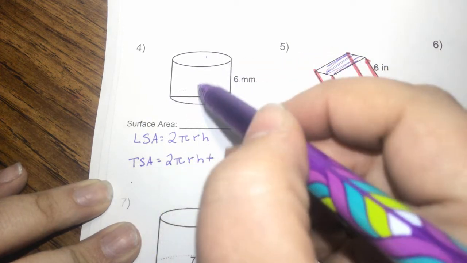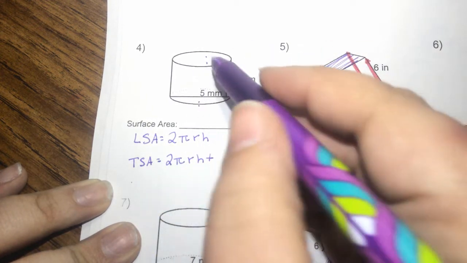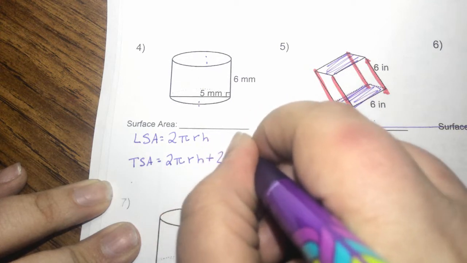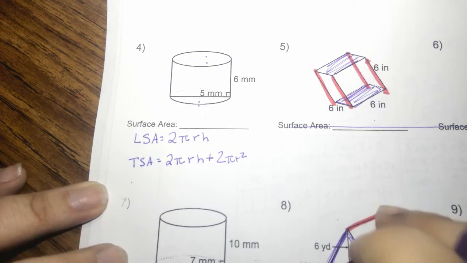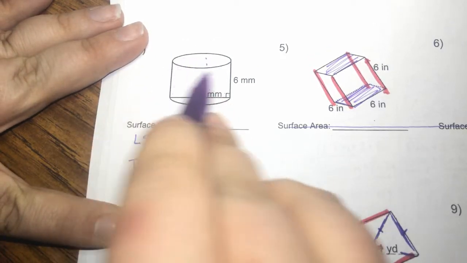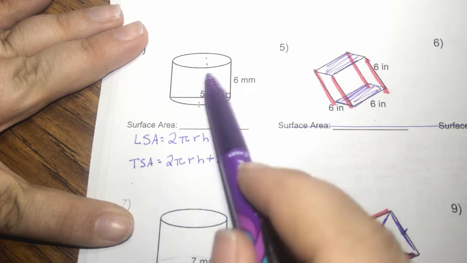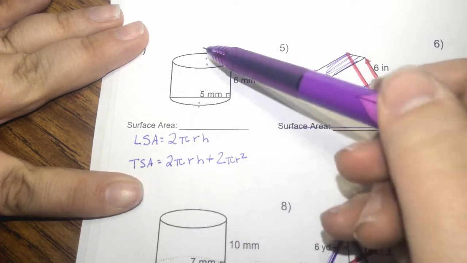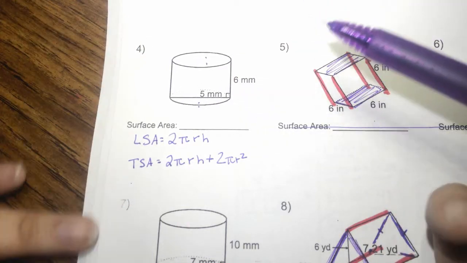Plus the area of the two bases would be pi r squared, but there's 2 of them, so we have 2 pi r squared. The circumference times the height gets the side covered, and then the circumference times the height plus the area of the two bases would cover the entire cylinder.